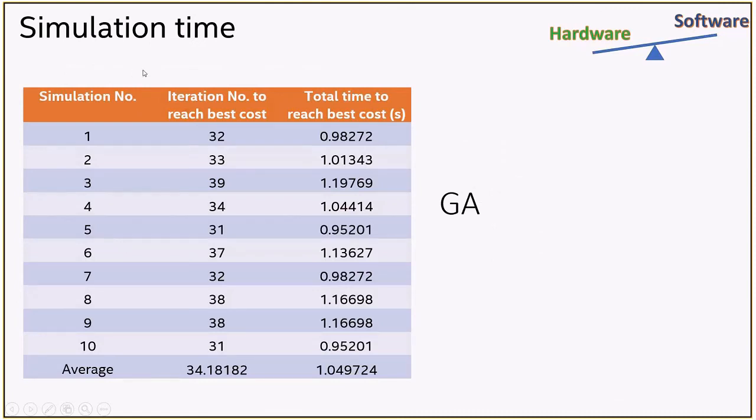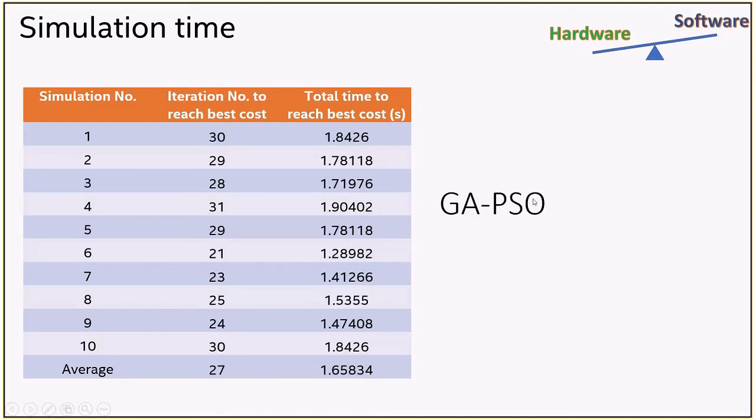I have run simulations. Each simulation will try to give the best, however the time will be varying. I have run 10 different simulations and found out the average time is 1.049 seconds, and the average is 35 iterations needed for the genetic algorithm.